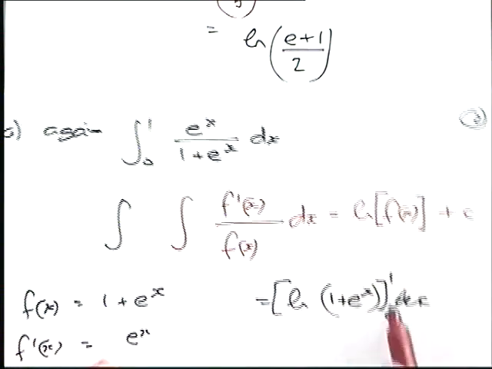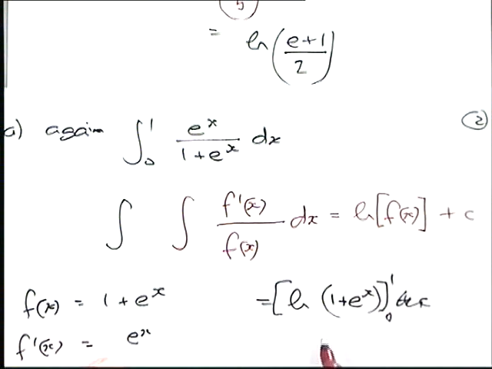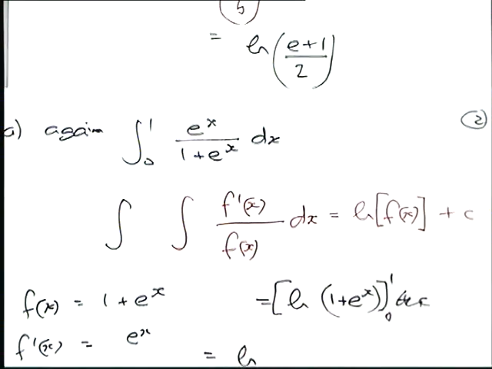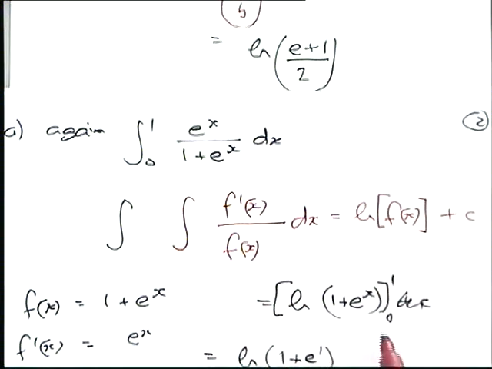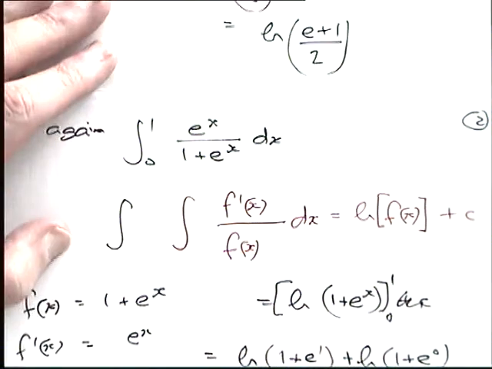Okay. So if I do my substitution now, I should be getting the same result as earlier. I will get log of, when I put 1 in here, I will get 1 plus e to the 1. When I put 0 in here, I'll get log of 1 plus e to the 0. This is the same as log of 1 plus e.